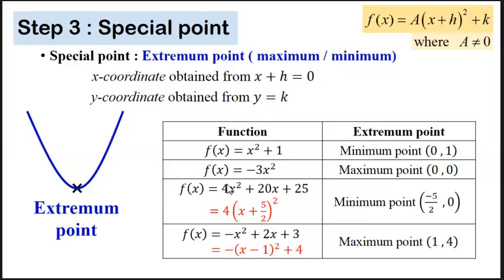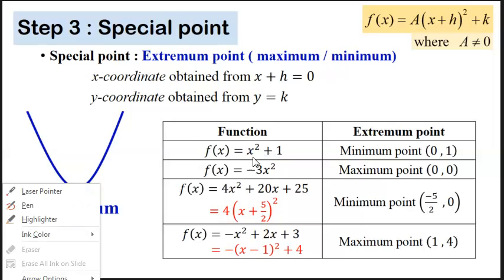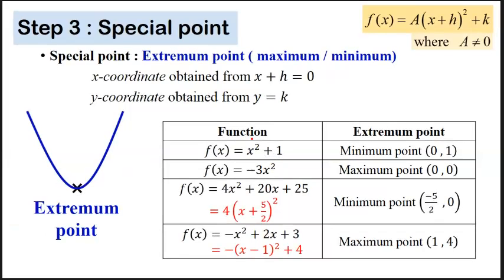Based on the following examples, for the case x squared plus 1, if I compare with the function on top, we have x minus 1, x plus 0 squared plus 1. Therefore, the extremum point here will be 0, 1.